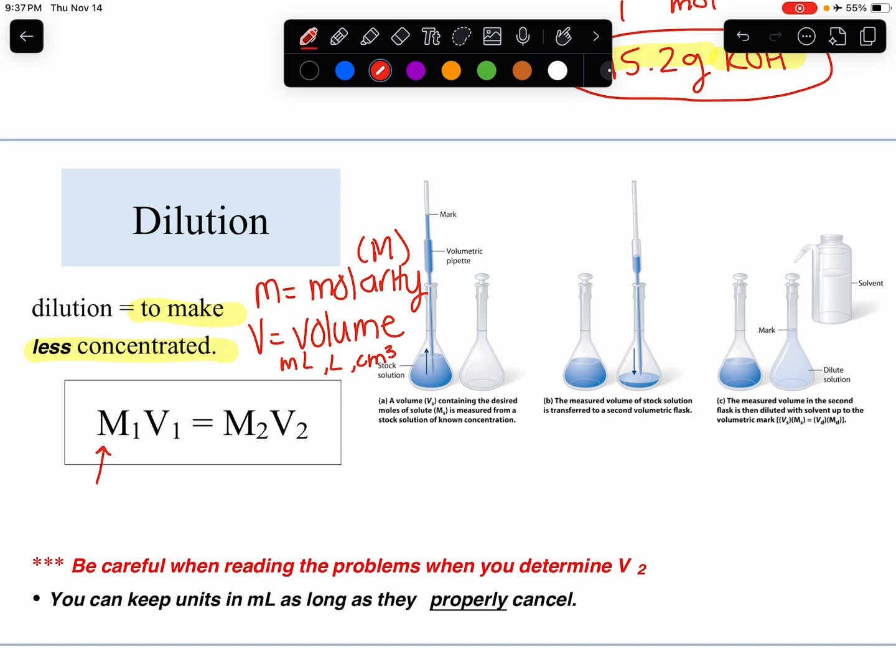So M1 is your initial solution molarity. Okay? So this is usually the concentrated one.